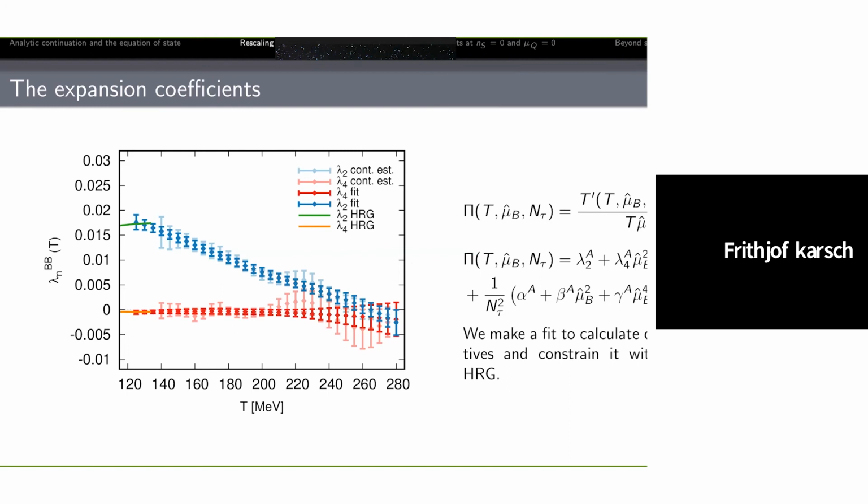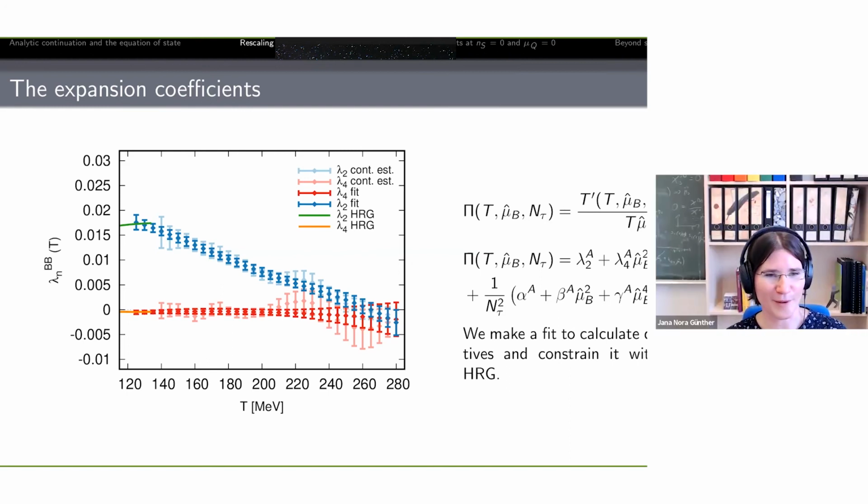Okay. Let me think about that a moment so I don't say anything wrong. My first guess would be that it should not change it, since it's also a shift away from the zero chemical potential curve. So I don't think it would influence the radius of convergence.